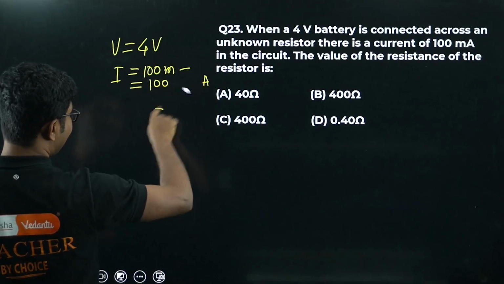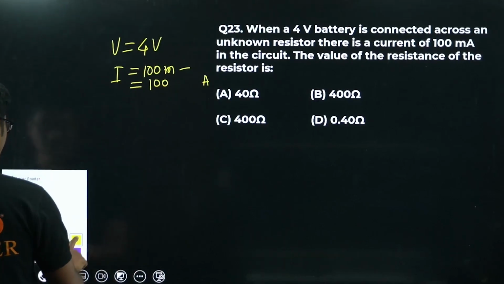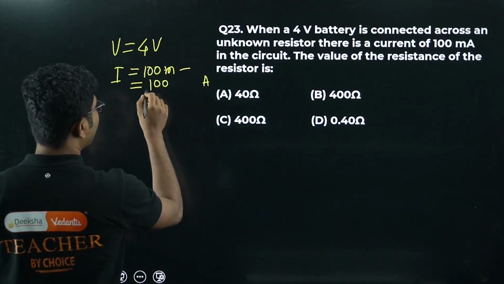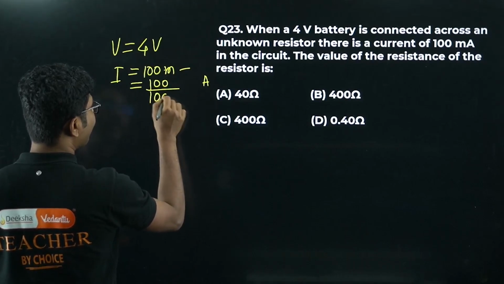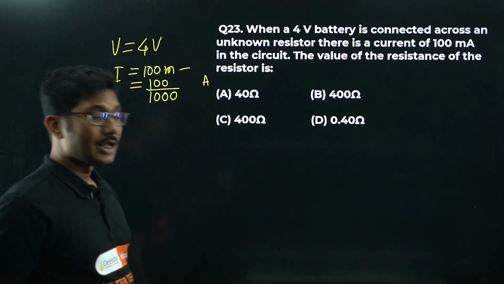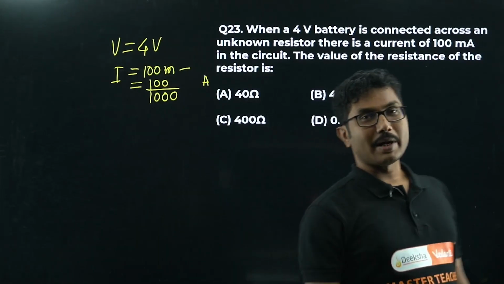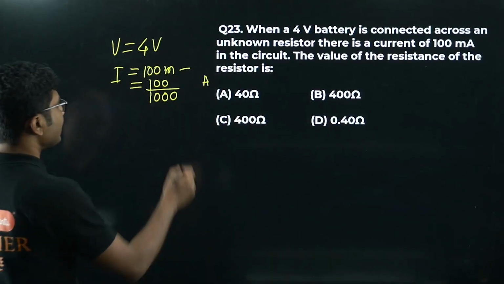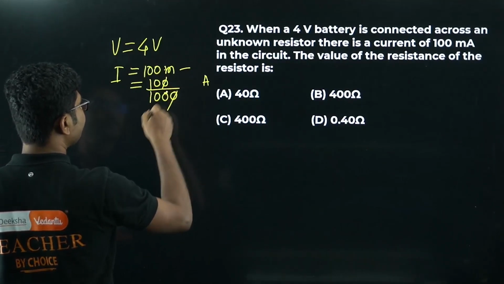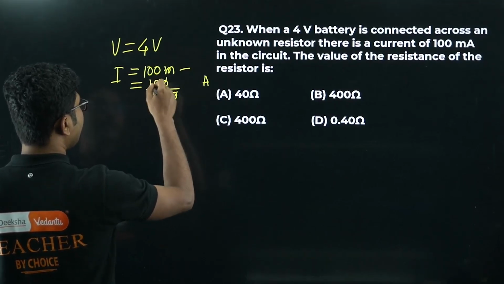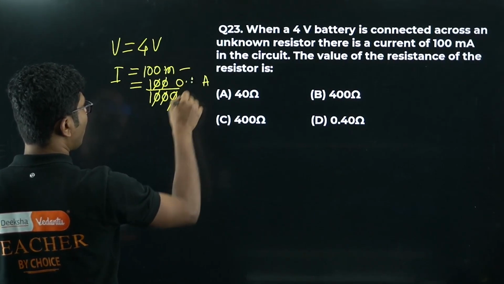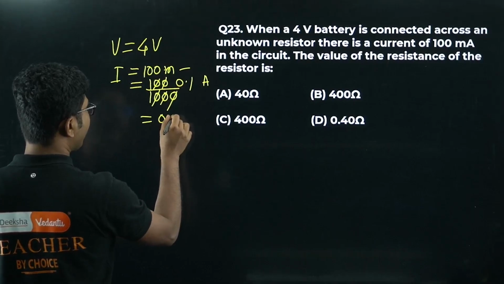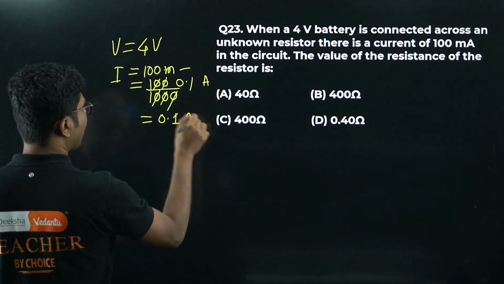When you go to higher class, definitely 10 to the power minus 3 is the way to solve. But in your class maybe you are not comfortable with 10 to the power of minus 3. So what you will do, you will divide by 1000. Milli means division by 1000. So you will get 0.1. So current is 0.1 ampere, right?